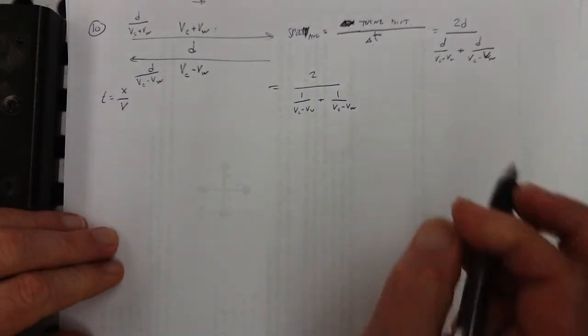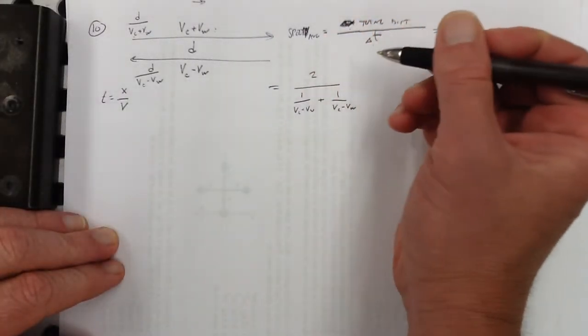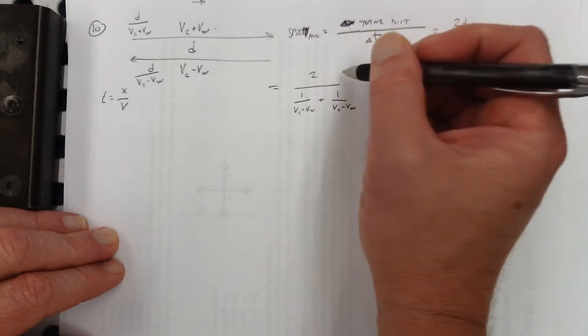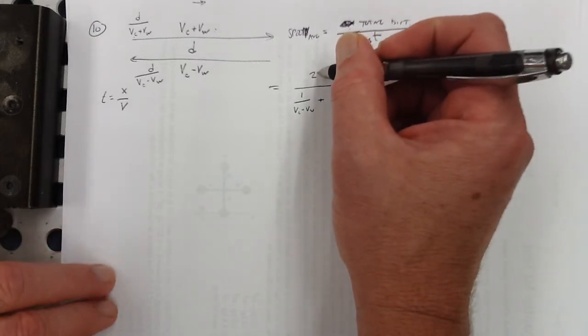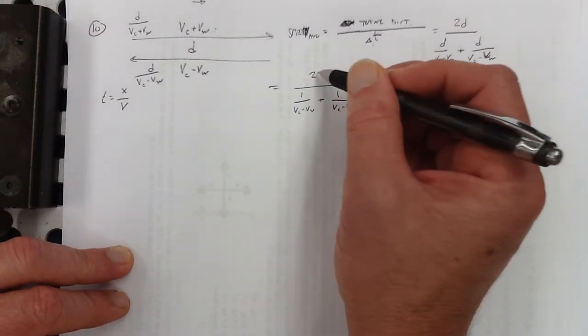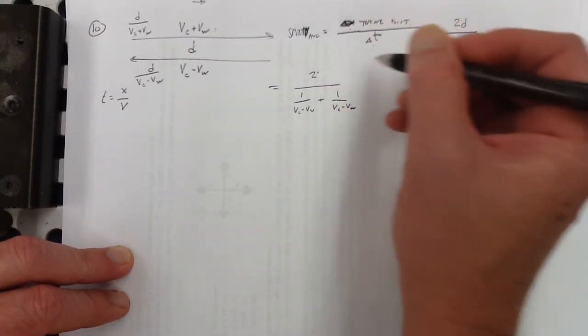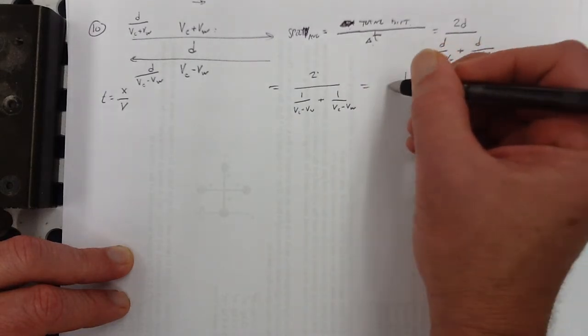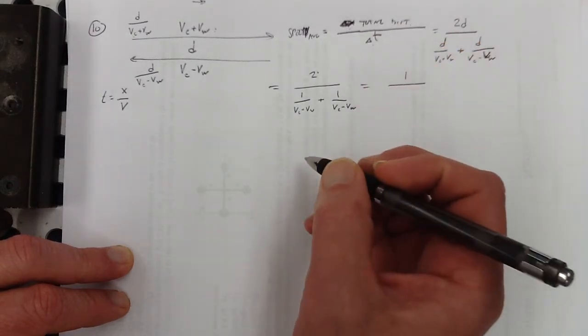So now we just need to figure out what we are looking at here, and I think that, let's see, how about if I multiply top and bottom of this by 1/2?